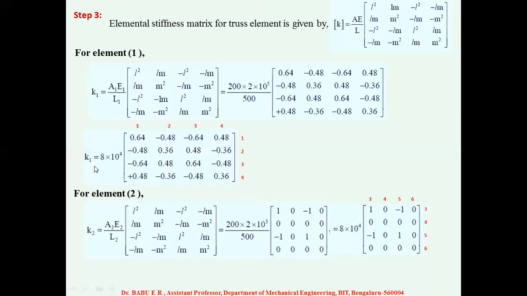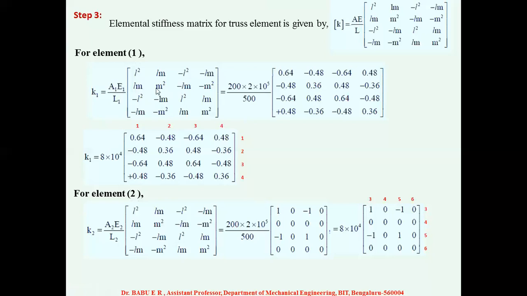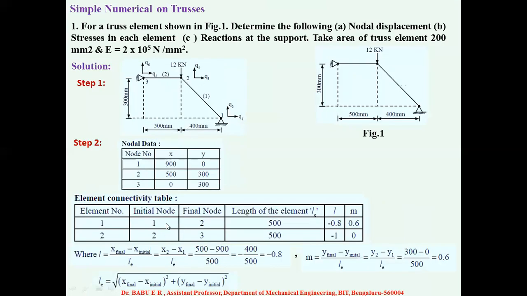Now for element 1, we have taken two nodes. We have represented the nodal displacements as 1, 2 at node 1, and 3, 4 at node 2. Now in the matrix, you have to write down the values of these 1, 2, 3, 4. Again, this depends upon the initial node and final node. Be careful about this.